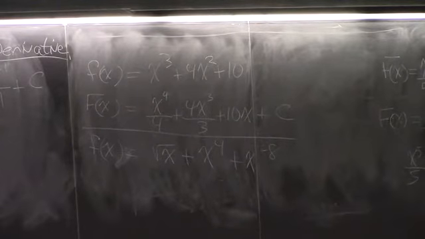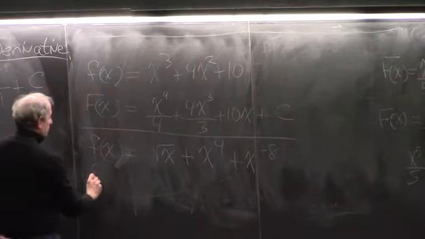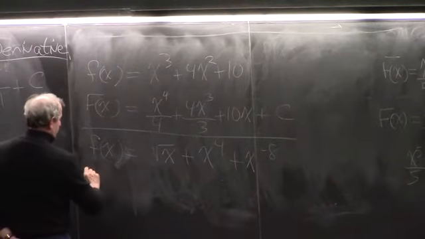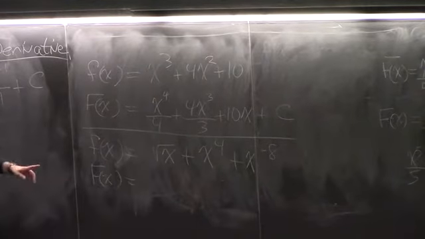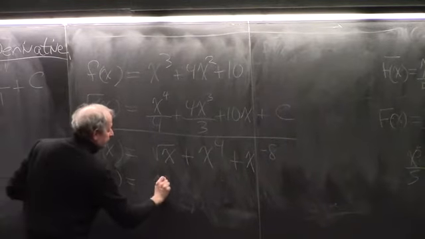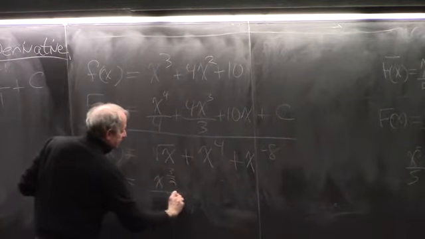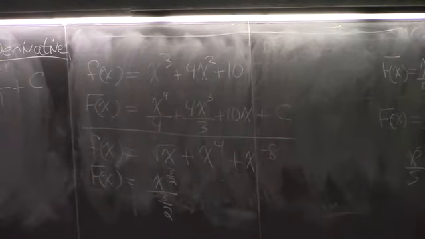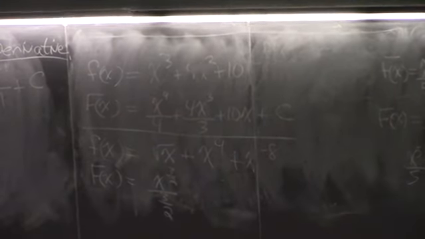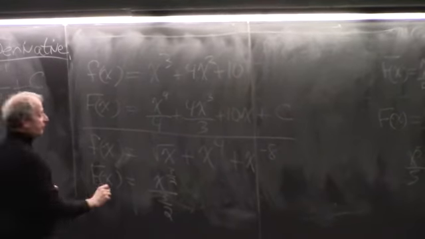Okay, so for square root of x, that's the same as x to the half. So if I want to do the antiderivative of x to the half, I have to take a half and add 1 to it, right? So that would become x to the 3 halves divided by 3 halves. And for x to the fourth, that's x to the fifth over 5.